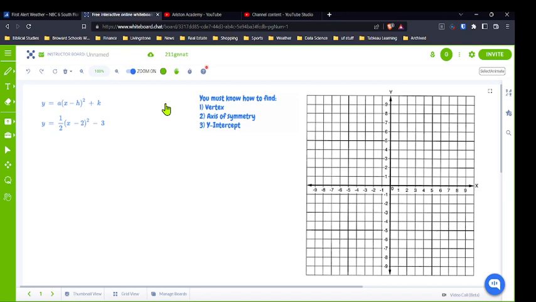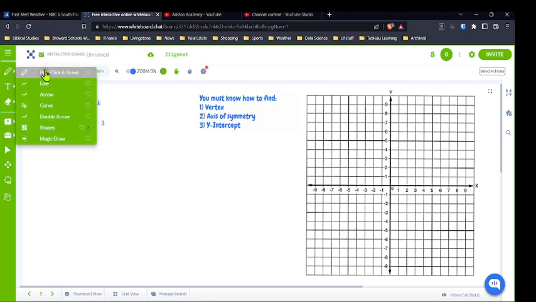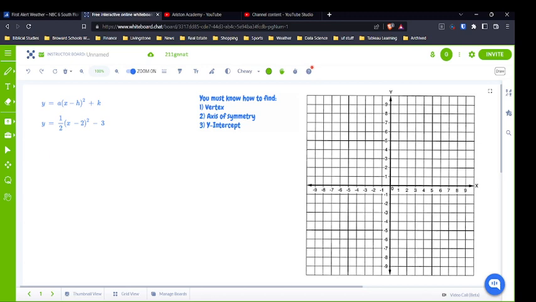So let's just jump in. The vertex is always found, and this is what makes it so easy. First of all, what is a vertex? A vertex is a point on the graph, and it's an xy coordinate pair.